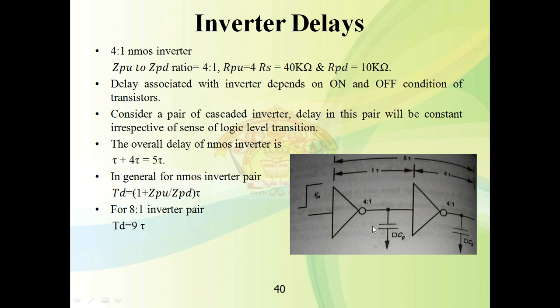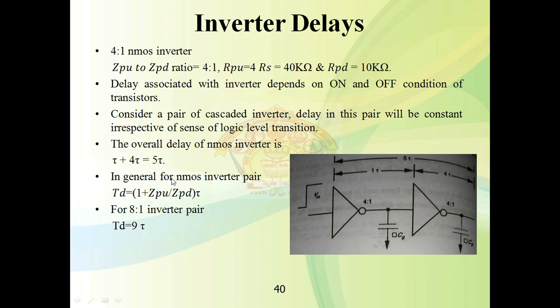So here you will get 4 tau, and here the pull down transistor will be on, and here you will get 1 tau. So therefore 4 tau plus 1 tau will be 5 tau. So for one pair, the time delay is equal to 5 tau.